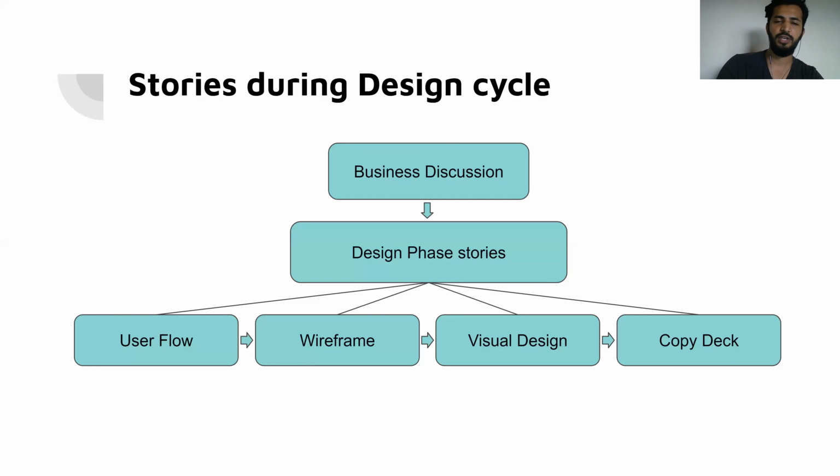Moving to the next slide, I have given a diagram outlining the stories that typically play out during design cycle, starting with business discussion, to design phase stories that include user flow, wireframe, visual design, and copy deck.